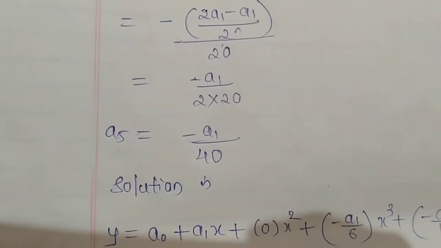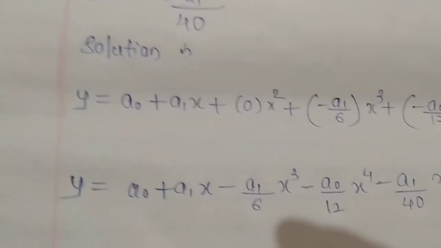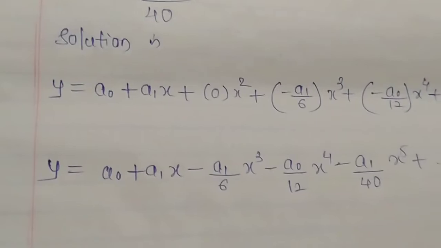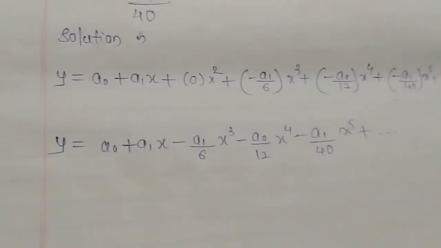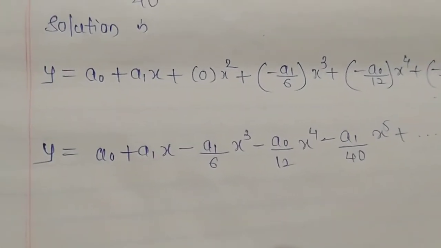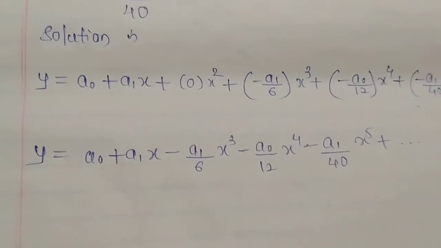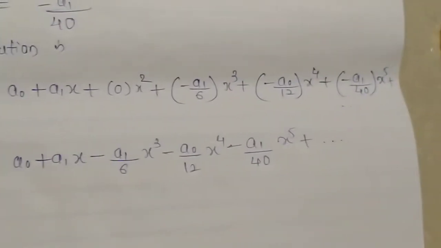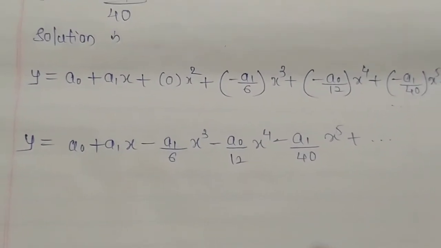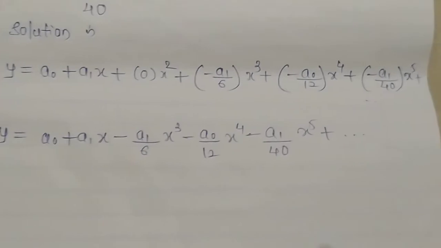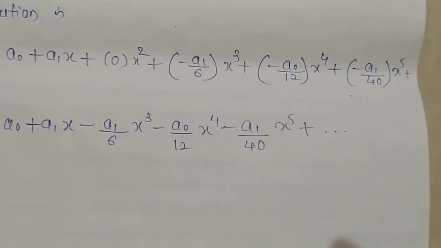I have to substitute all the values a0, a1, a2, a3, a4, a5 and so on in our equation number 1, that is our solution. So I will get y is equal to a0 plus a1x plus a2 which is 0 into x square plus a3 which is minus a1 divided by 6 into x cube plus a4 which is minus a0 divided by 12 x raised to 4 plus a5 which is minus a1 divided by 40 x raised to 5 and the other terms.